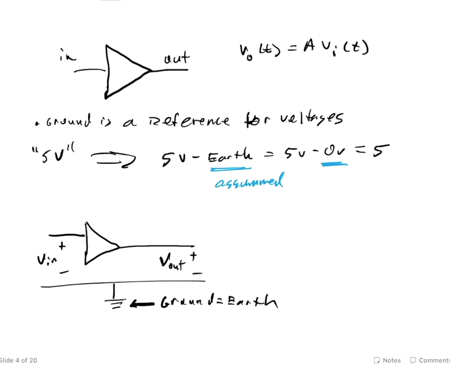We need to make those connections in all kinds of places because we need a good solid reference everywhere, and earth is it. So we could more generally draw this amplifier as two inputs and two outputs and connect both sides to earth.